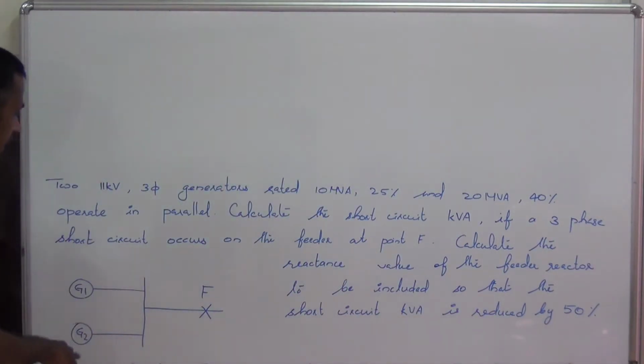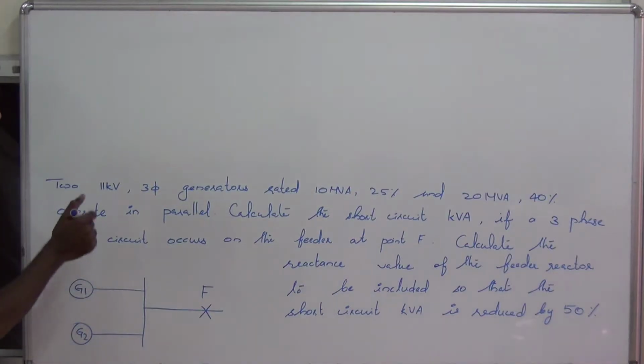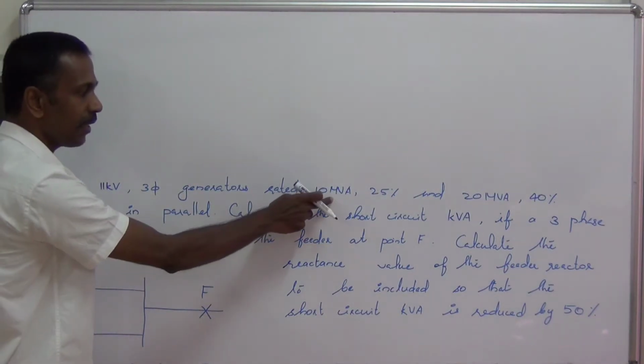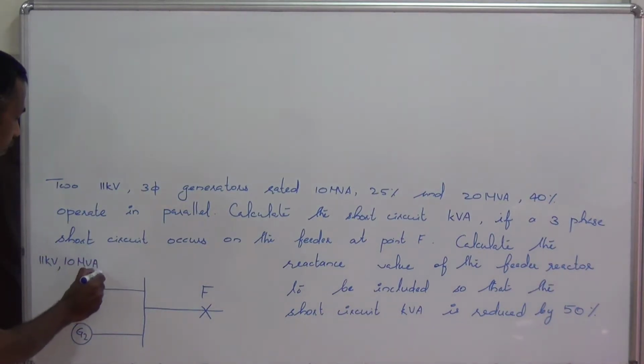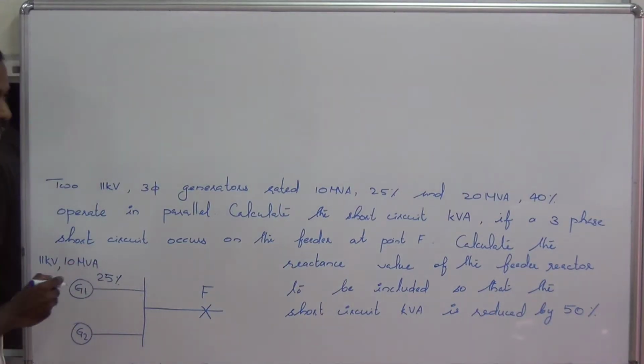We have two generators in parallel. Both have a voltage of 11 kV, and the first generator has an MVA rating of 10 MVA. Its reactance is 25%. The second generator also has a rating of 11 kilovolt.